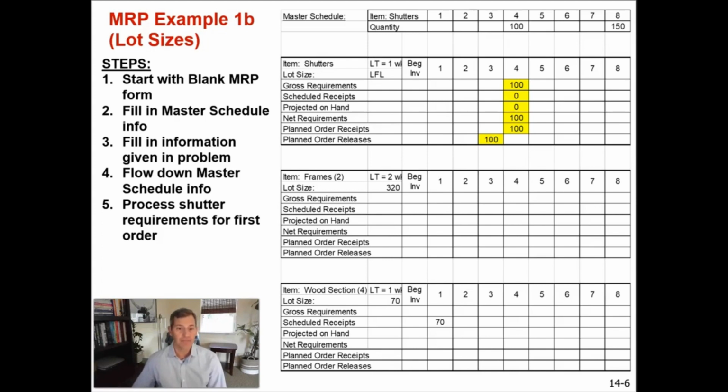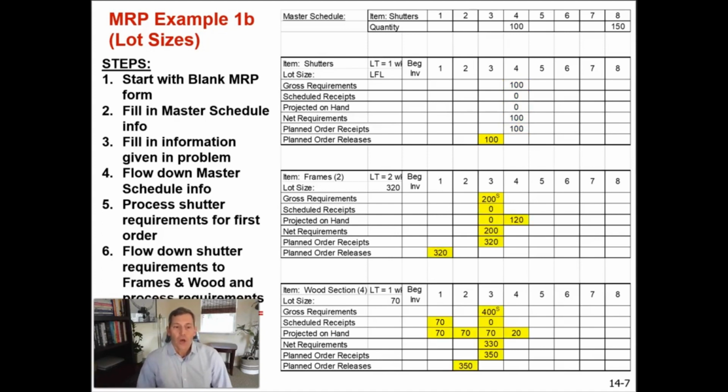So now it gets fun. Here's the fun part. We now go down to the frames and the wood sections. They have lot sizes, so it's going to be different than our last example. The frames are still 2 frames per 1 shutter, so you're going to need 200 frames. You have 0 scheduled receipts and 0 projected on hand, so your net requirements of the frames are still 200.